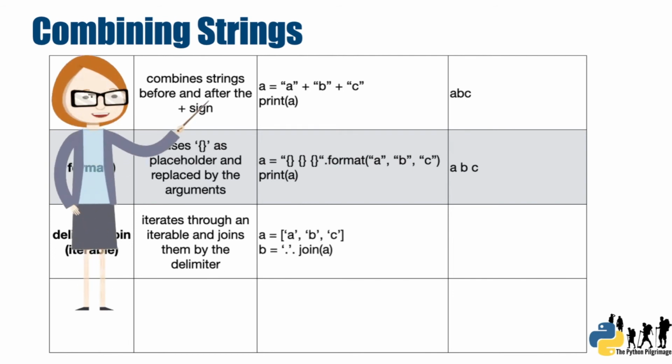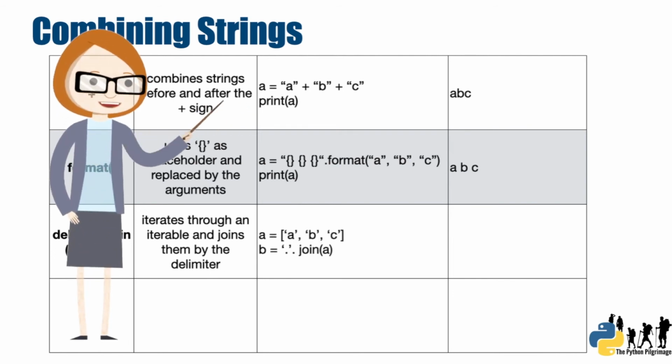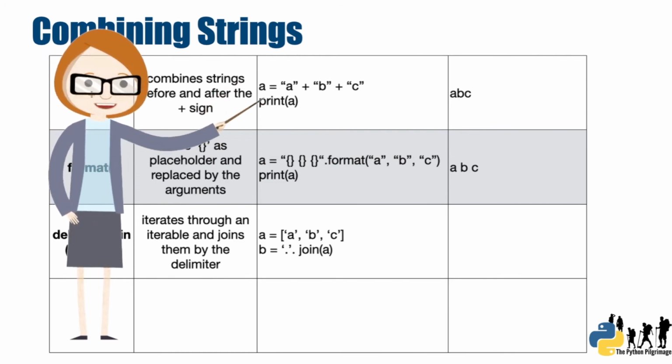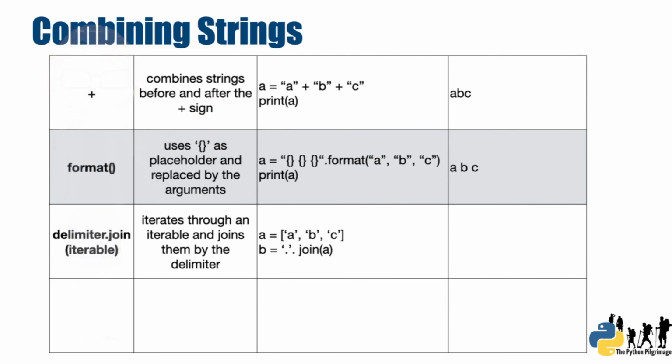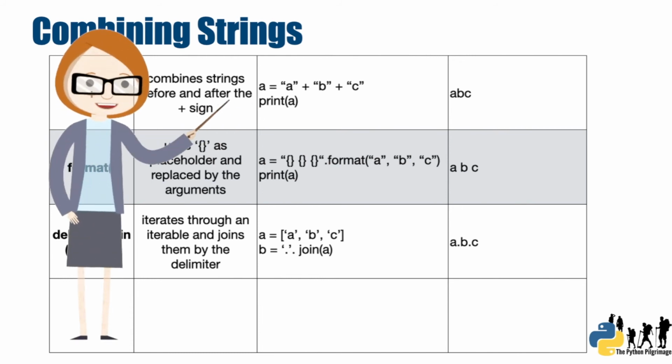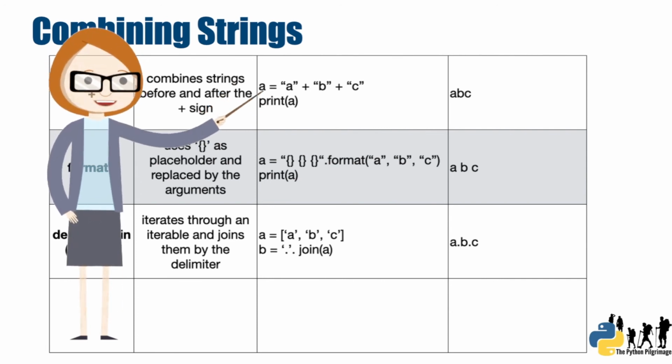So for example, a is a set of strings A, B, and C, and then we'll join them by a period. So ".".join(a). If you print that out, which I forgot to do, you have A.B.C. Basically, join is the opposite of split, and it takes only one argument, which is an iterable.